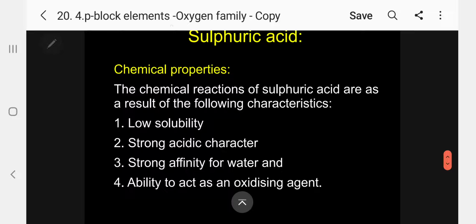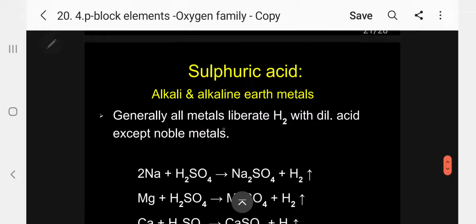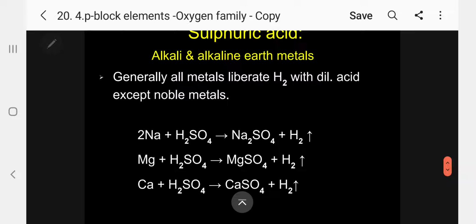Chemical properties. Kindly follow. The chemical reactions of sulfuric acid are a result of the following characteristics: low volatility, strong acidic character, strong affinity for water, and ability to act as an oxidizing agent. First, let me take the action of alkali and alkaline earth metals with sulfuric acid.